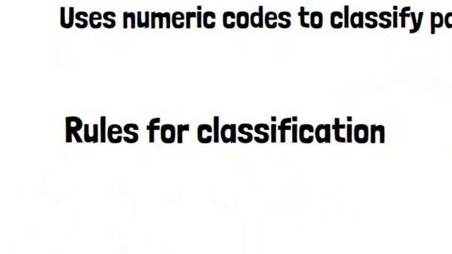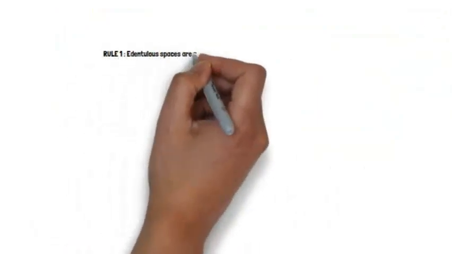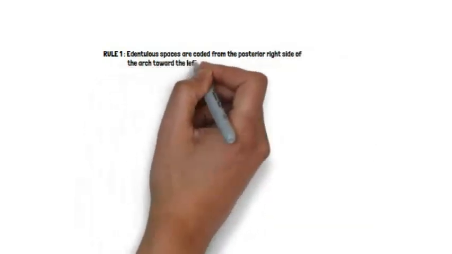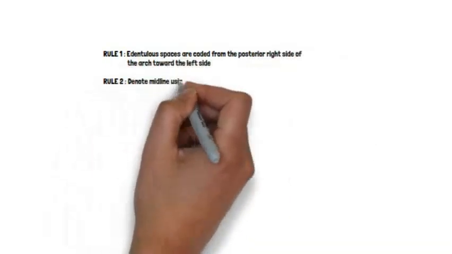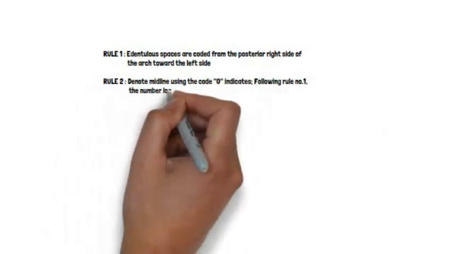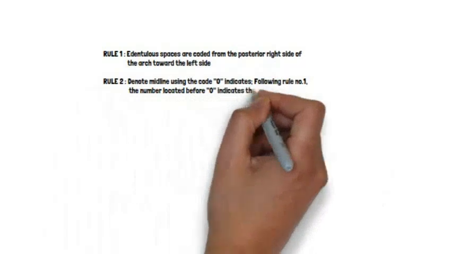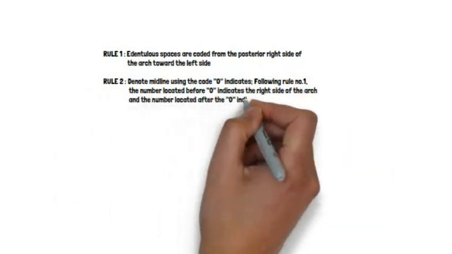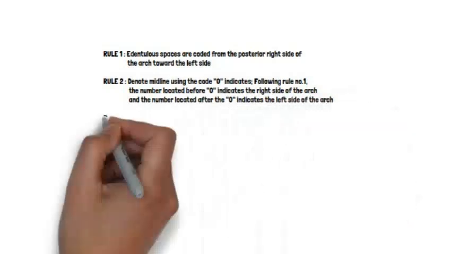Rule 1: edentulous spaces are coded from the posterior right side of the arch towards the left side. Rule 2: denote midline using the code 0. Following rule number 1, the number located before 0 indicates the right side of the arch and the number located after the 0 indicates the left side of the arch.